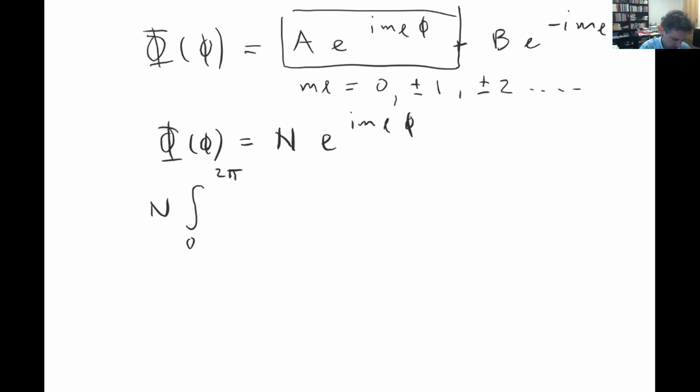That means if I square this wave function, I get the following: the modulus square of this wave function. It's right here, and I'm going to integrate it on the ring. So that means d phi, I integrate d phi from 0 to 2 pi, because that's the whole ring.